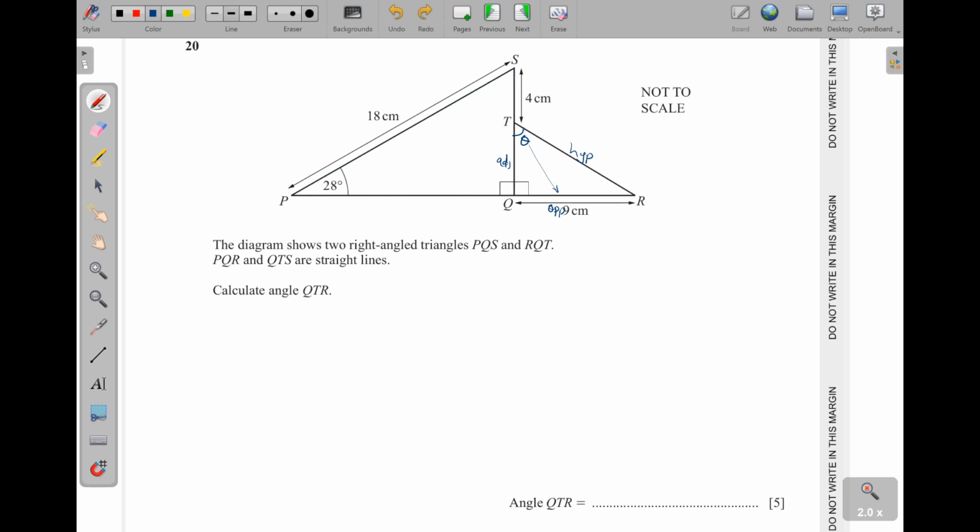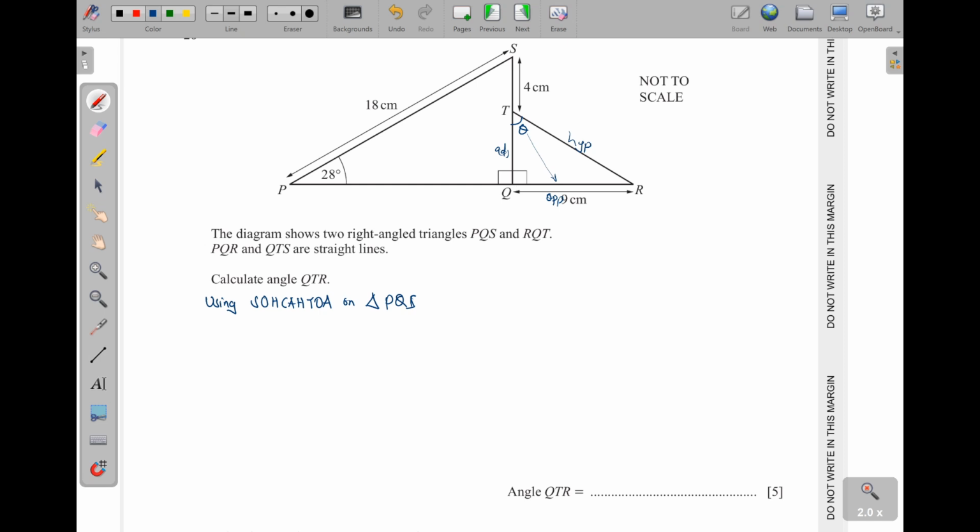Okay, so let's check this triangle. Using SOHCAHTOA, remember these are right angle triangles, and we can use SOHCAHTOA or Pythagoras theorem. So using SOHCAHTOA on triangle PQS, now I can find QS, then I subtract the 4, and I will get QT.